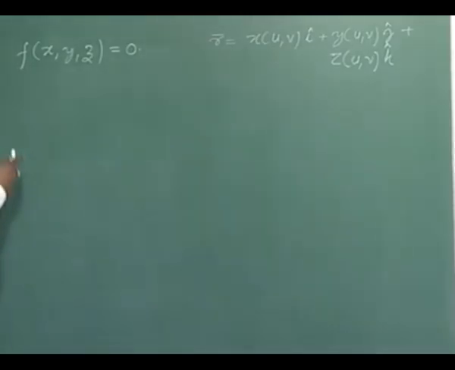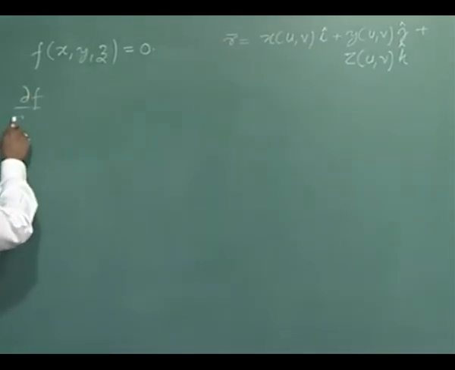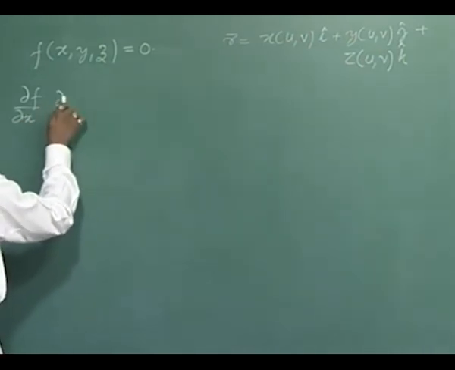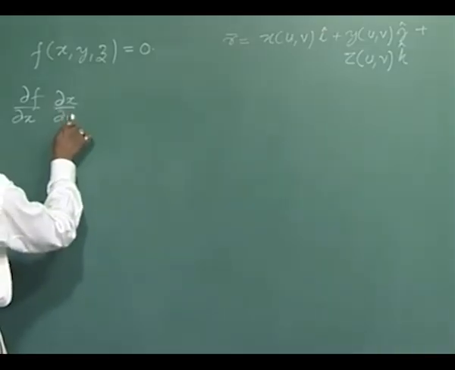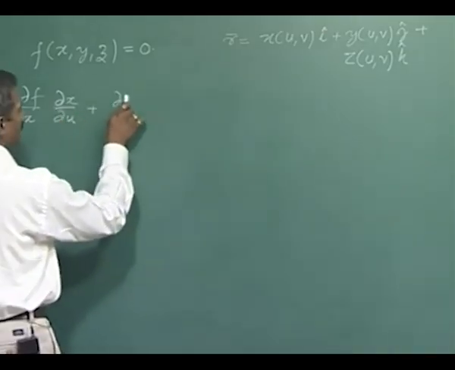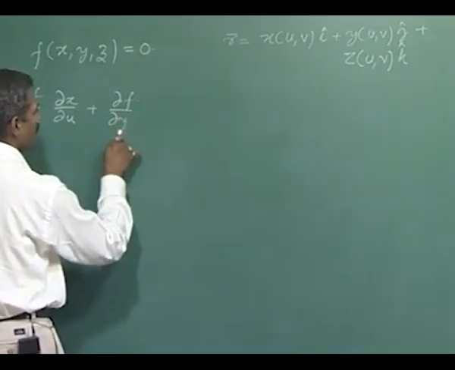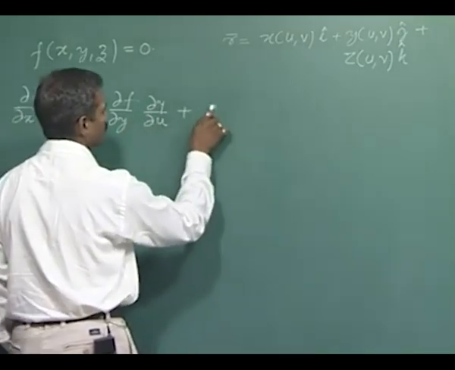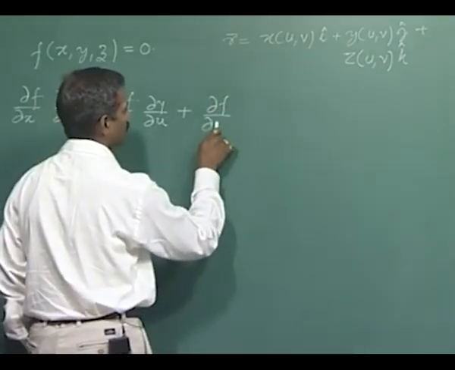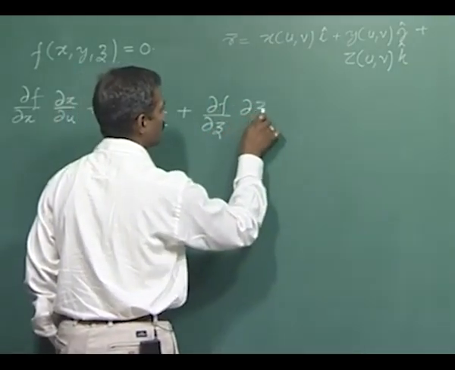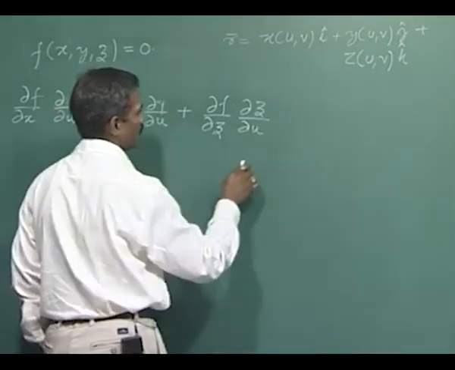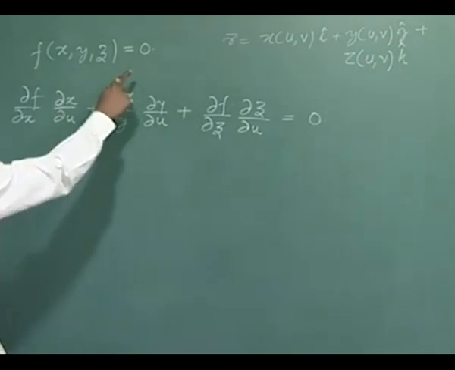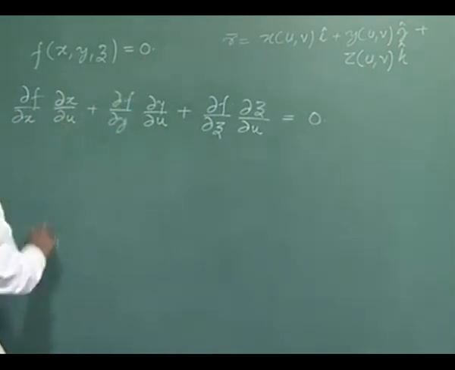We'll use the chain rule to get partial f over partial x, partial x over partial u, plus partial f over partial y, partial y over partial u, plus partial f over partial z, partial z over partial u, and this is equal to 0. Differentiation of 0 with respect to u is 0.